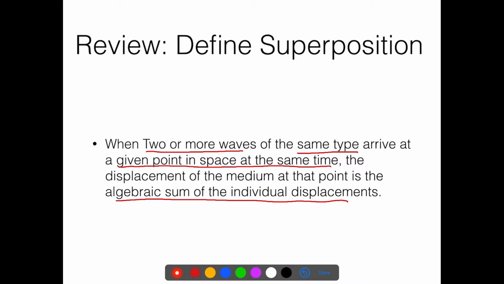So the wave will combine, the energy will combine in such a way that it's the sum of the individual displacements. And it's okay to have vector here as well, but we aren't going to be working with anything two-dimensional to worry about. So it really is just the sum of the individual displacements. But again, recognize it is displacements, not amplitudes, because amplitudes are always positive. We want to make sure to take care of that.